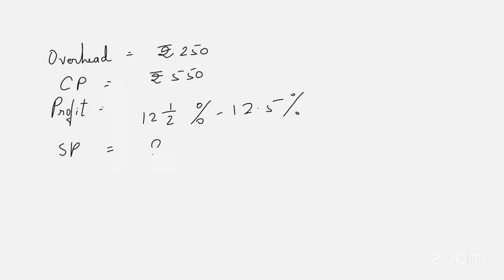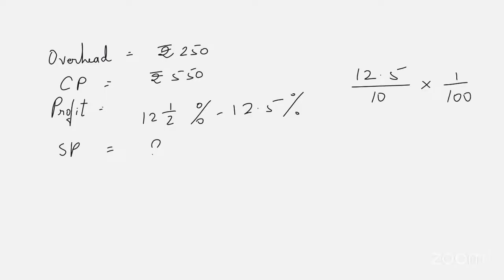How? 12.5 upon 10 into 1 by 100. Okay, that is how we convert.